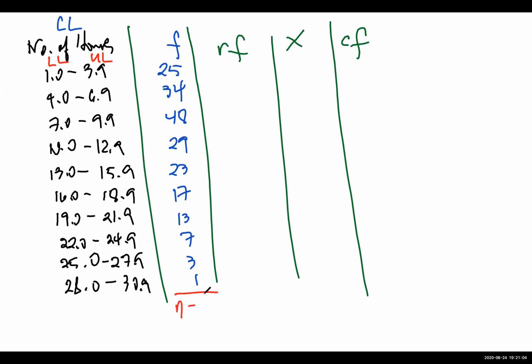And N, if you count all this, is going to be 200. Now we're going to compute RF. 25 divided by 200 is 0.125. So I want you to do the same thing. Complete this table for RF.